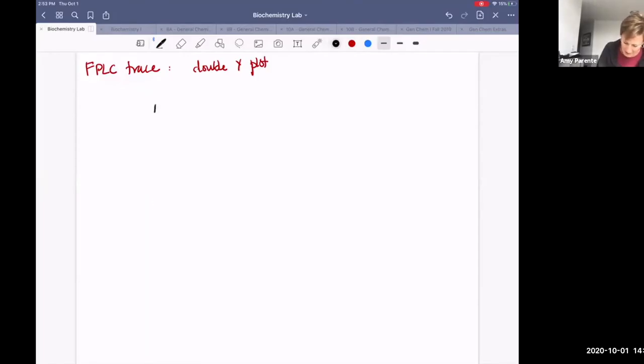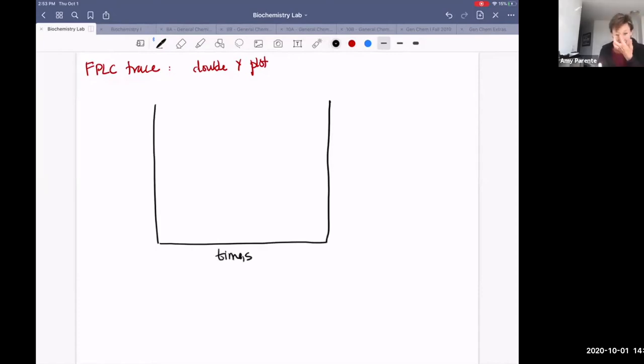So if we draw a double Y plot here, our X variable is going to be time. So time in seconds that's passed. On one axis, we're going to show the absorbance at 280. And so a blue line is going to be our absorbance at 280. And then we're going to show conductivity.